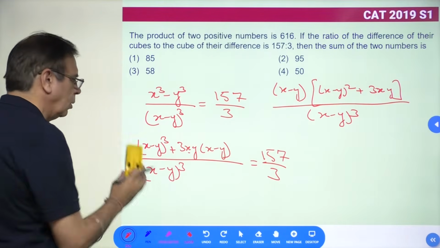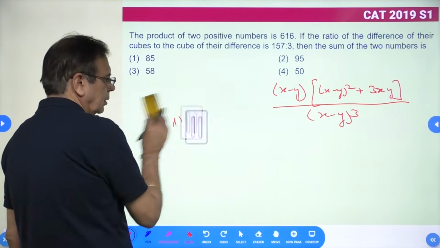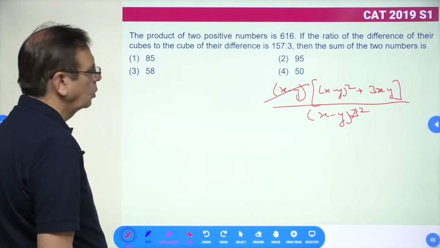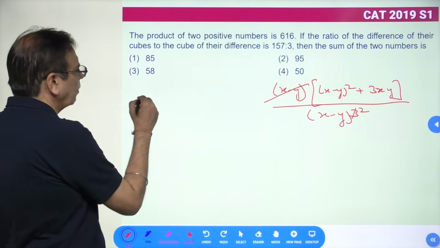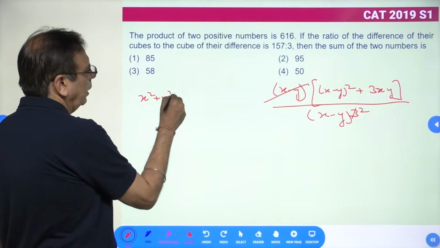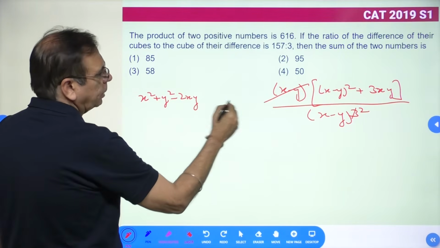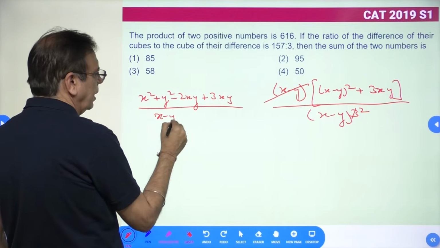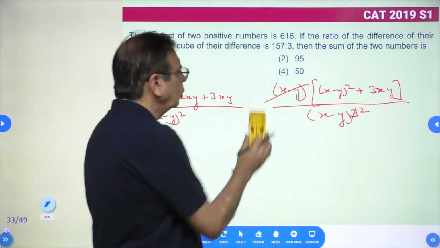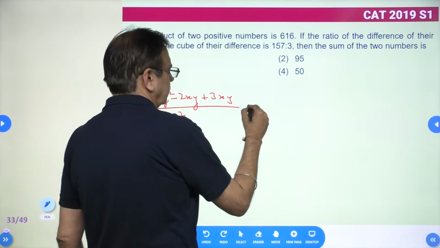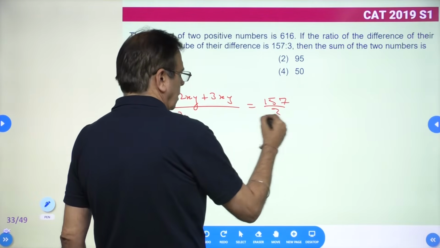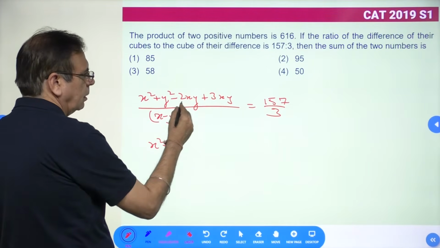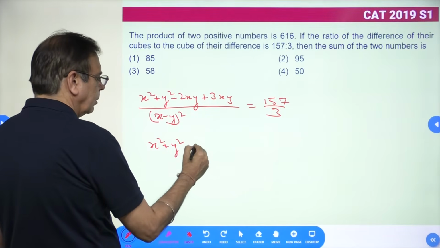Now x minus y cancels once and this becomes 2. Look at the numerator: x minus y whole square, x square plus y square minus 2xy plus 3xy, and the denominator is x minus y whole square. This is equal to 157 by 3. So x square plus y square minus 2xy plus 3xy becomes plus xy.